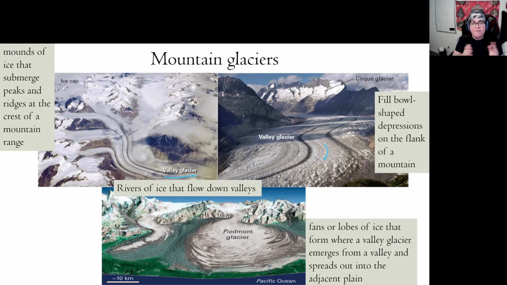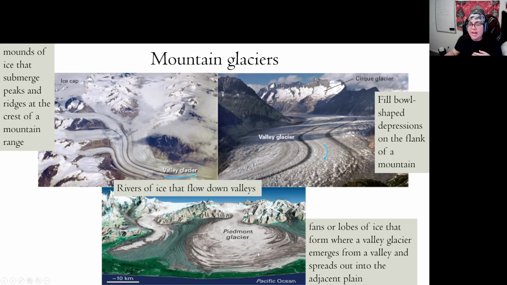Valley glaciers are rivers of ice that flow down valleys, which is self-explanatory. We can have ice caps, which are mounds of ice found at peaks of mountains and at ridges or crests of a mountain range. We can have cirque glaciers, which fill bowl-shaped depressions on the flank of a mountain.